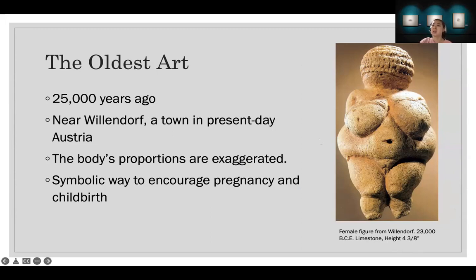It has a detailed hairstyle that covers the entire head, and the body's proportions are exaggerated. Scholars long assumed that they were fertility figures used in some symbolic way to encourage pregnancy and childbirth.